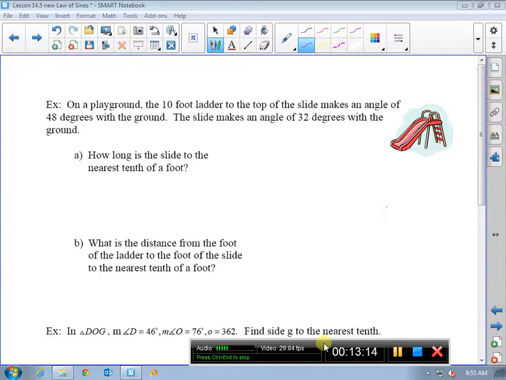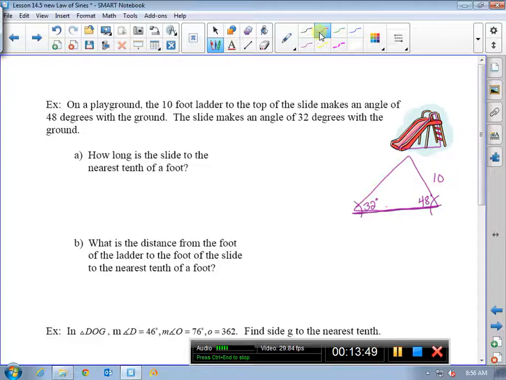So we've got this kind of triangle here. I'm just going to duplicate it out here. So my 10-foot ladder, there's the ladder, makes an angle of 48 degrees with the ground. There's my 48 degrees. The slide makes an angle of 32 degrees with the ground. That's over here. Of course, this is our ground. How long is the slide to the nearest tenth?